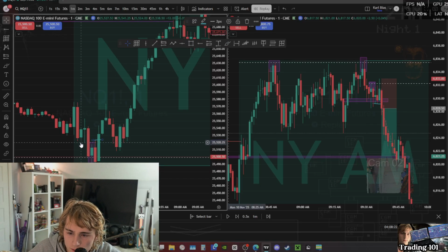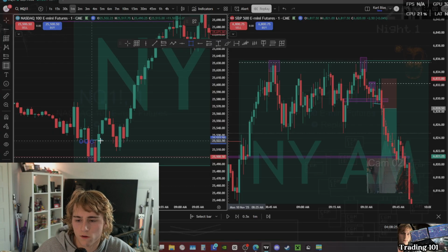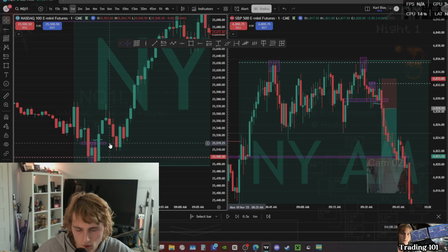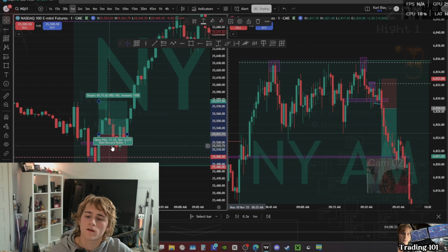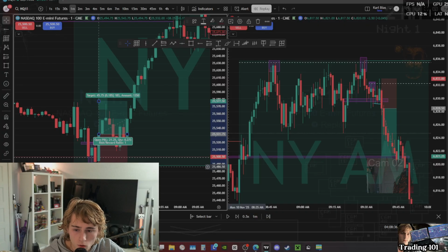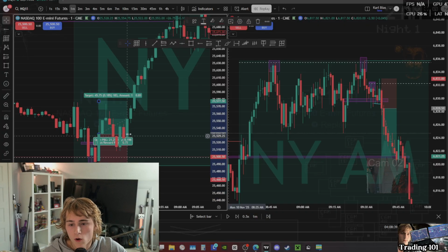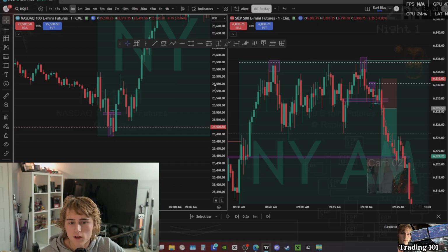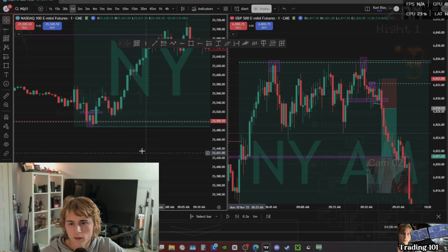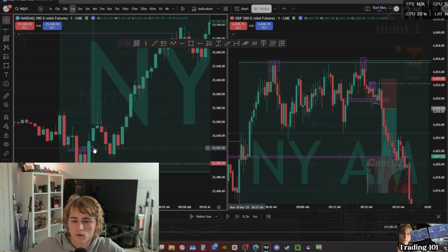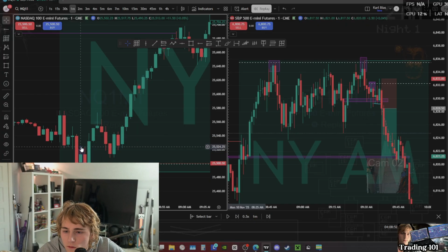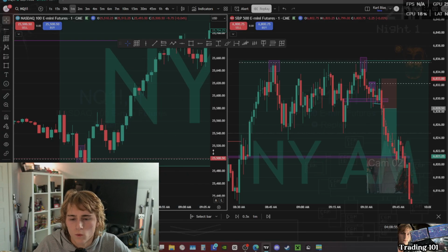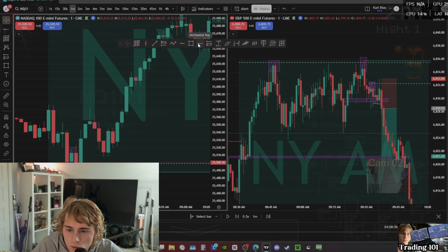And in inverse, what are we missing? A retrace. Because if we place off of this without a retrace, the retrace that's possible could go all the way down here, stop us out, or we might not even have a retrace and it might just move down and then retrace back down, and then we'll be stopped out way before that. So that's why we wait for a retrace before we place. If that makes sense.